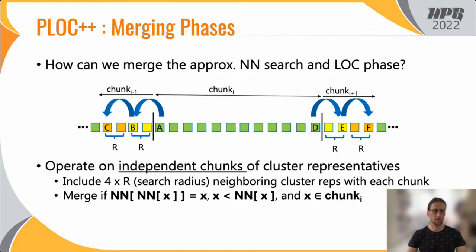So for our example, this condition holds for the pair DE, but not for the pair AB, because the smaller index B is outside the chunk I.